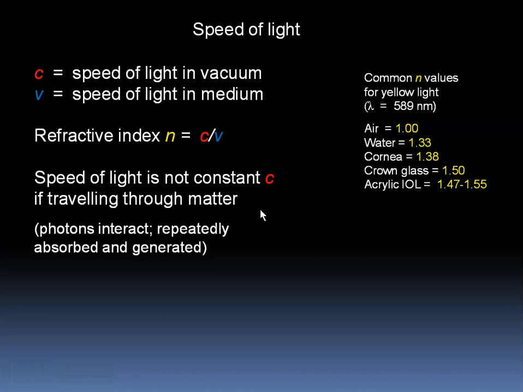Common n values for materials like glass, plastic, and water are generally given for yellow light. That is because the values are variable according to the wavelength of light. It so happens that the value of n will be higher for blue light than for red light.